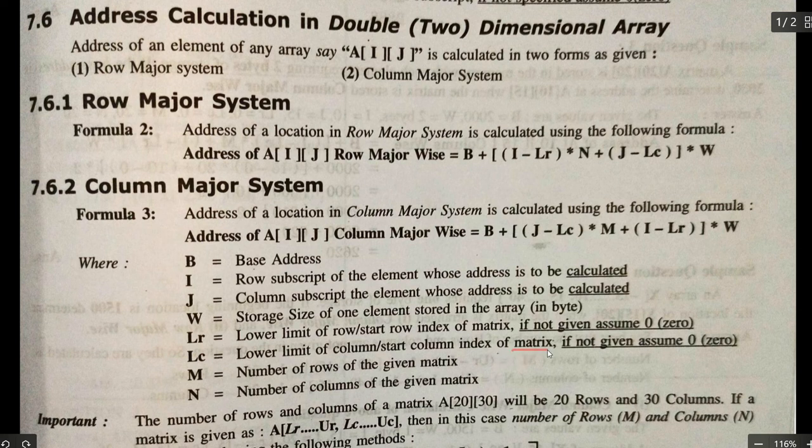Matrix means we have to use the 2D array here. So LC is the lower limit of column, and LR is the lower limit of row. M is the number of rows in a given matrix, means the total number of rows. The total number of available rows will be represented by M, and the total number of columns of a given matrix is represented by N.